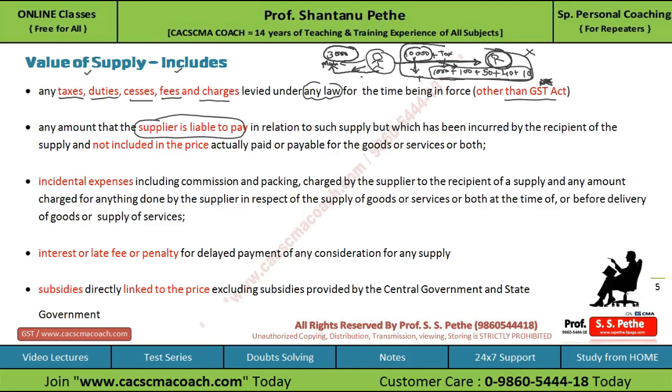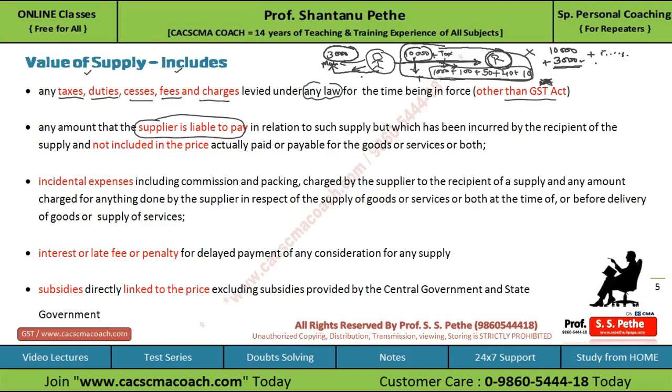So this liability discharged by the recipient of the supplier will also be part of the value of supply. So here 10,000 is the price, other taxes, charges, cess, levies, and 3,000 rupees of liability of the supplier discharged by the recipient will also be counted in the value of taxable supply.